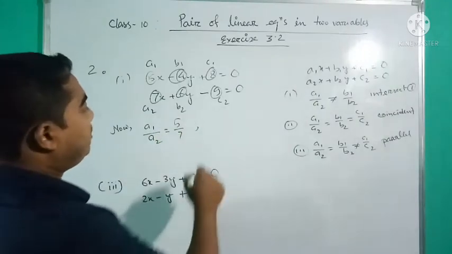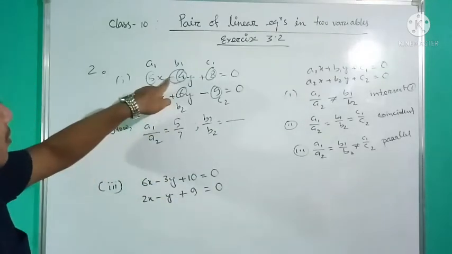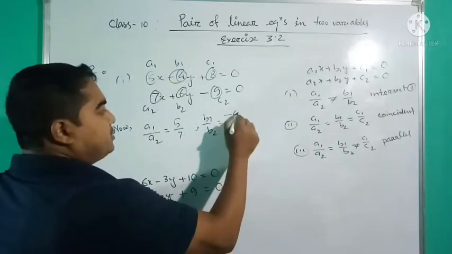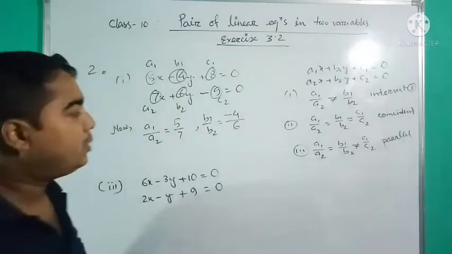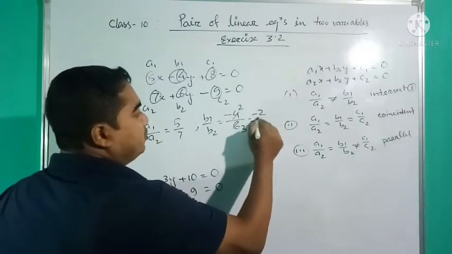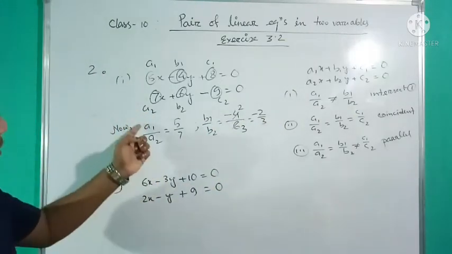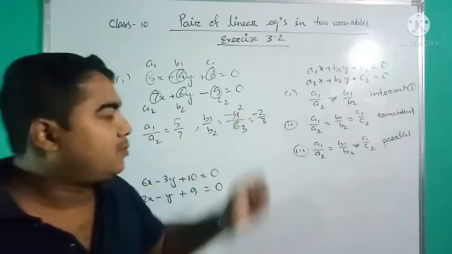Next, b1 by b2 value: b1 value is minus 4 and b2 value is 6. Converting to simplest form, dividing by 2, that means minus 2 by 3. Now a1 by a2 value is 5 by 7 and b1 by b2 value is minus 2 by 3.